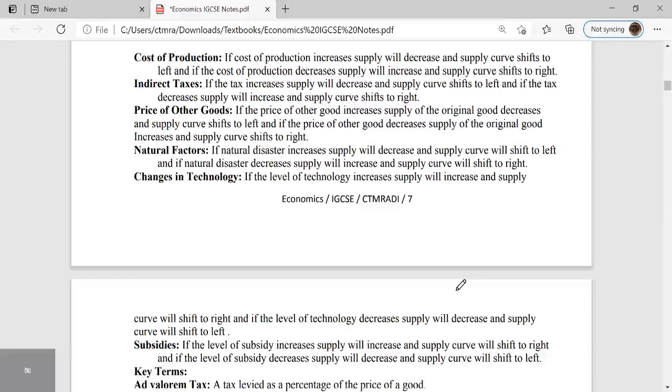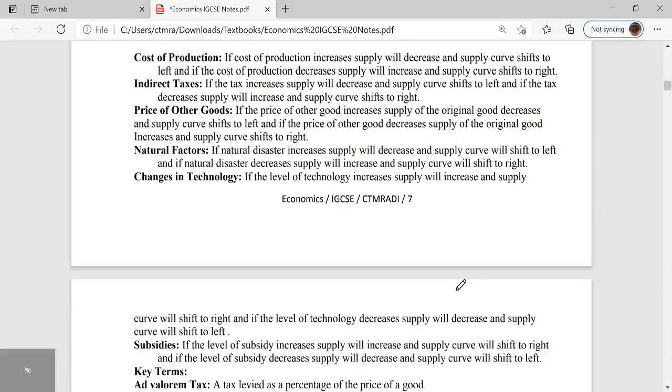Then natural factors are important, mainly for agricultural items, and other things as well. If there is sufficient rainfall, there will be a rise in supply. If the weather condition is favorable, it will be very helpful for any kind of supply. But think about flood, drought, and other natural disasters. If they take place, agricultural goods as well as other goods will suffer, so supply will fall.